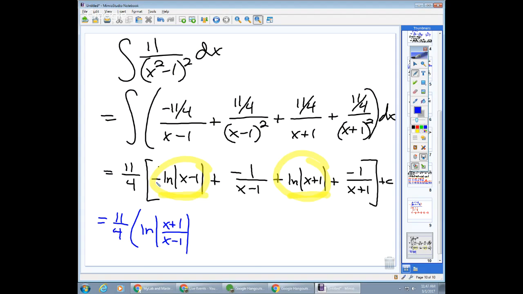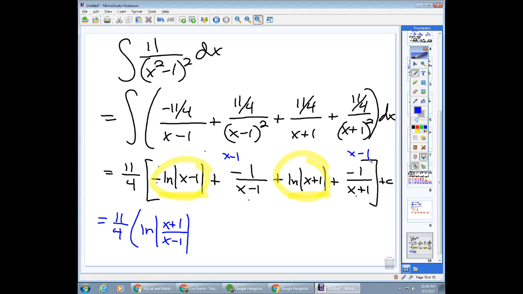And then I could add these two together with a common denominator of x plus 1 times x minus 1. So this one would have to be multiplied top and bottom by x plus 1, and this one by x minus 1.